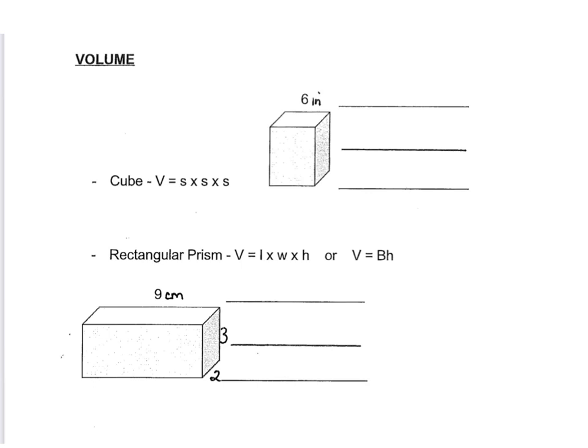Think about it: if I were filling up a box with those unit cubes, how many of them would it take to fill up that box? So when you think about volume, you're filling up a space with what are known as cubic units.